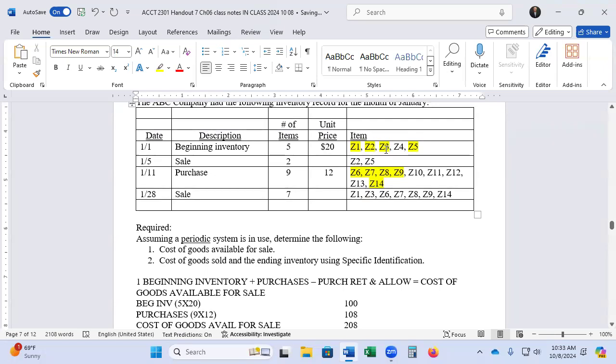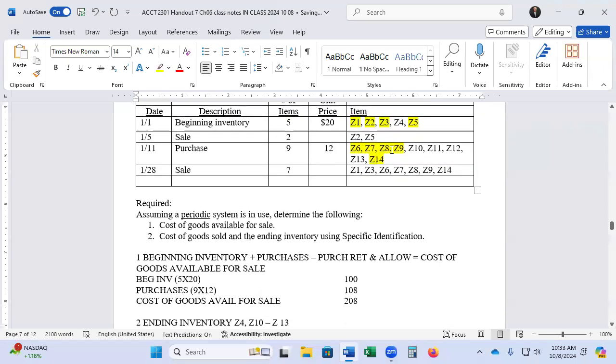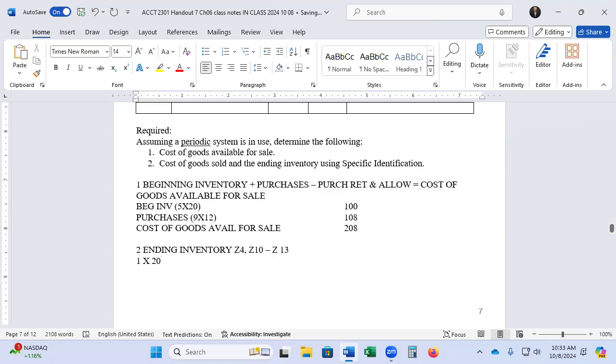The unit price, Z4, and 1, 2, 3, 4 at 12. So we get 20 plus 48. And so ending inventory equals 68.